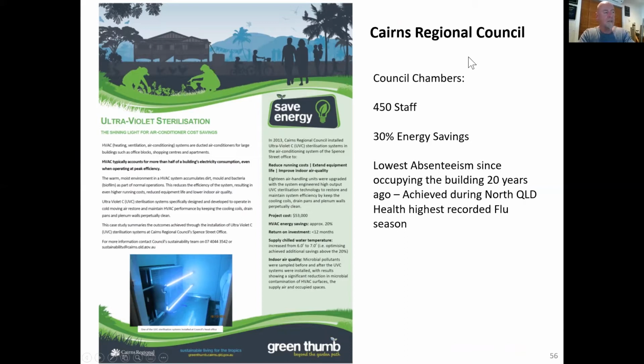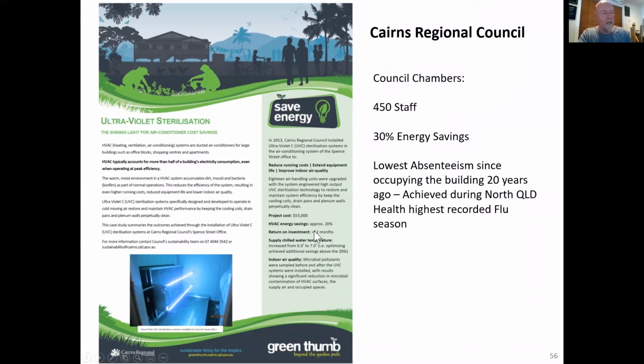Cairns Regional Council. This is a large council in North Queensland in Australia. They achieved a 30% energy saving by putting it in their head office and council chambers. 30% they achieved. Initially, they achieved 20%.